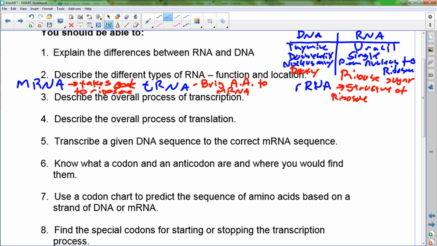What else is it made of? Protein. So ribosomes, remember, are ribosomal RNA and protein all wound together. These two things make up the actual ribosome.